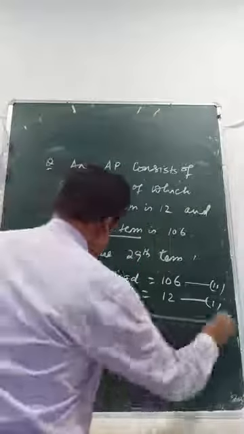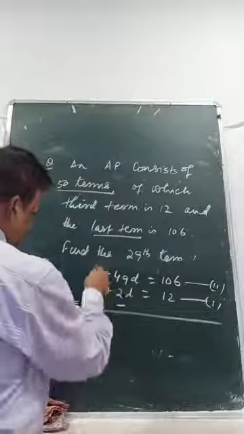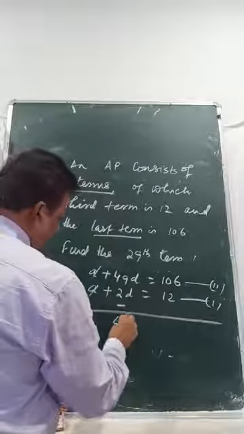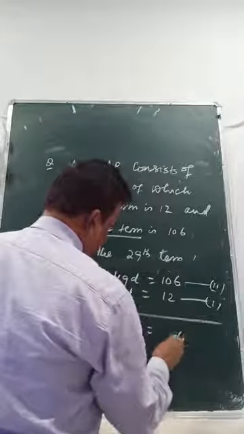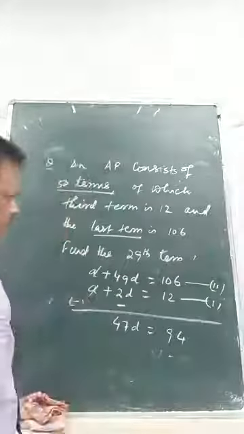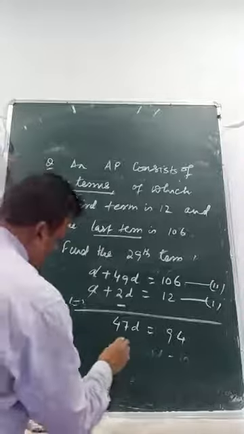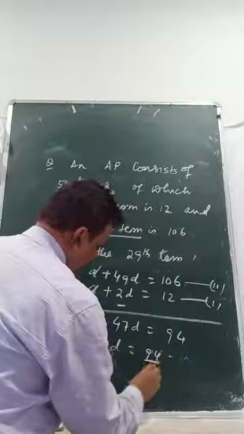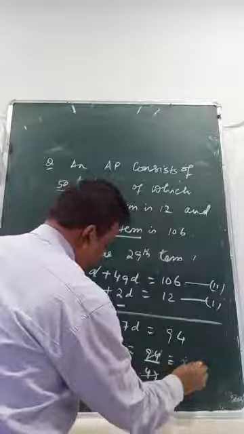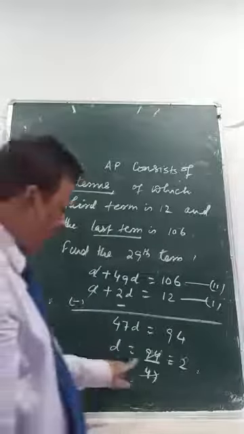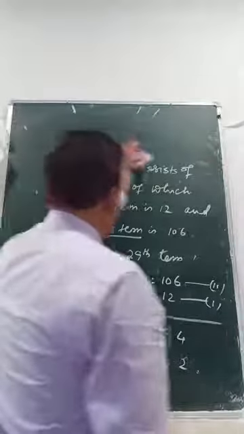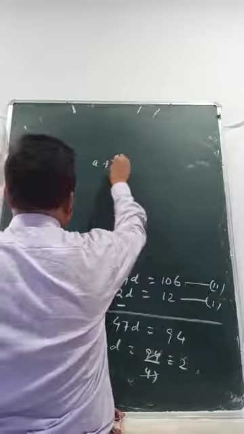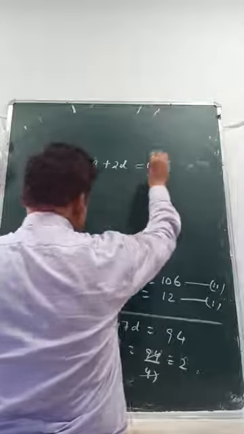So subtract, A cancels. 47D equals 94. D is equal to 94 by 47, that is 2. Once you get D, you can find A. Anywhere you can put it: A plus 2D equals 12.